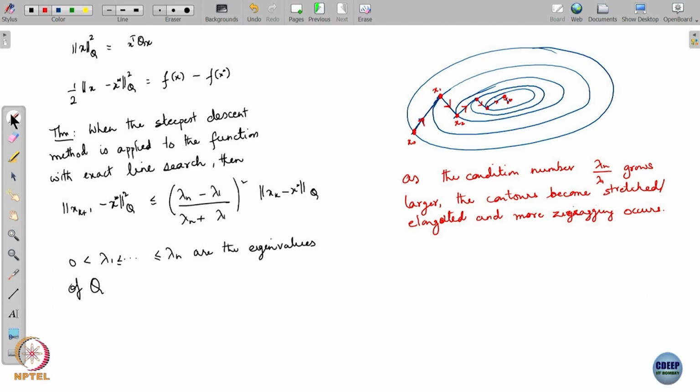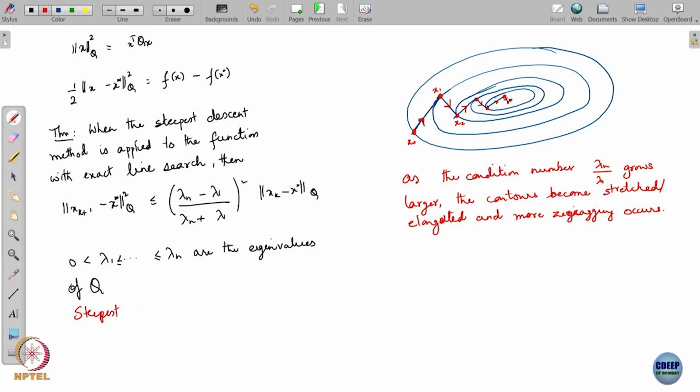But here is the main thing: the rate of convergence depends on the extent of curvature, or how different the lowest and the largest eigenvalues are. So, this is what we find.